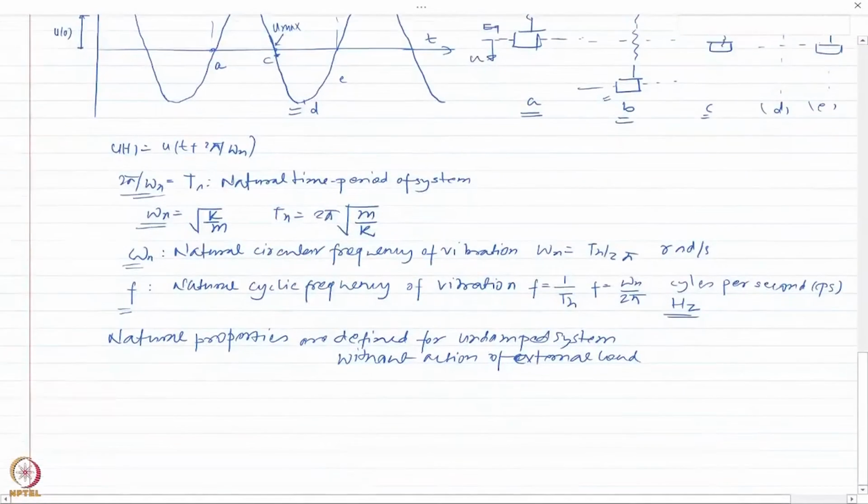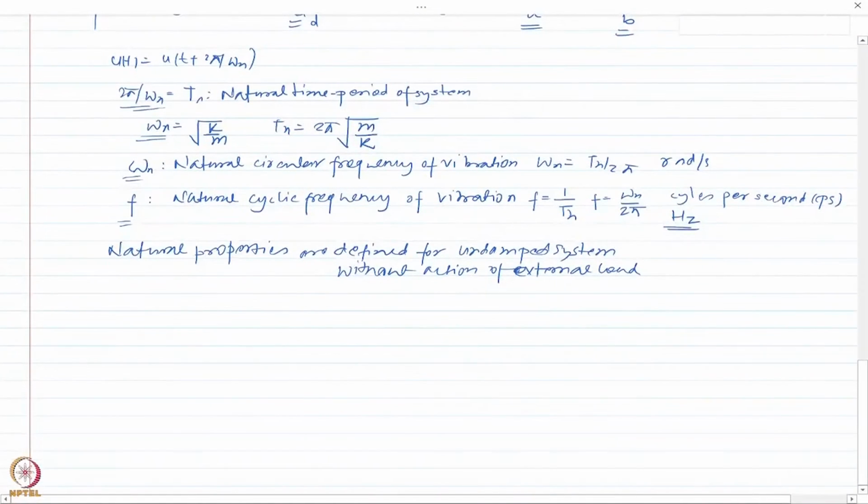Now let us come back to these three parameters that we talked about: the time period, the circular frequency, and the cyclic frequency. As I said, the units would be second, radian per second, and hertz.